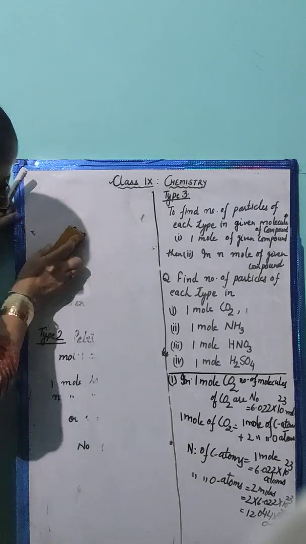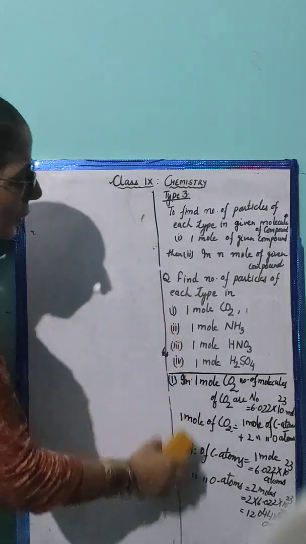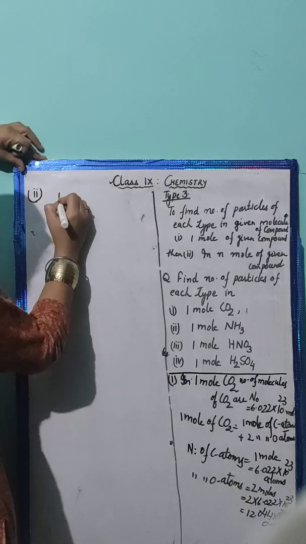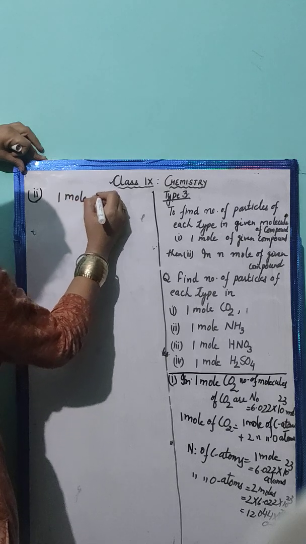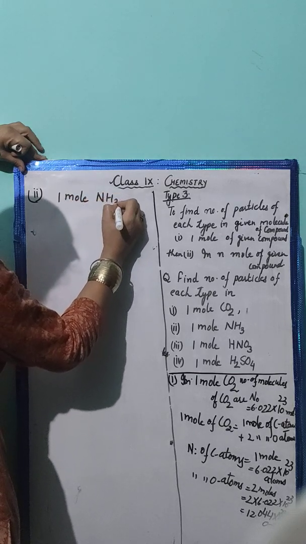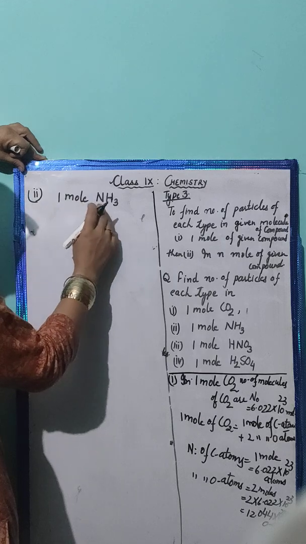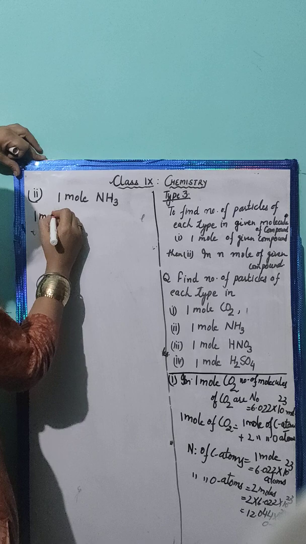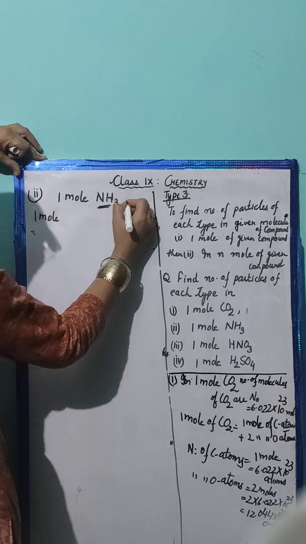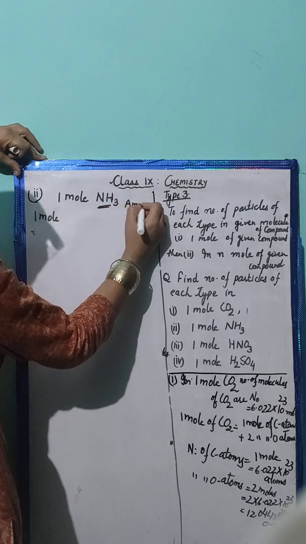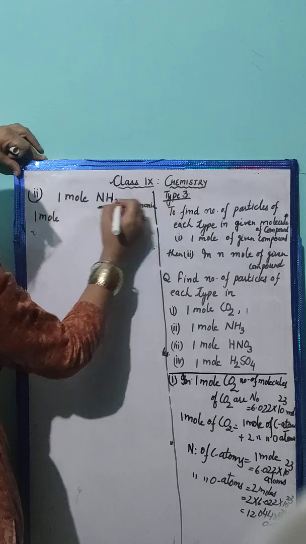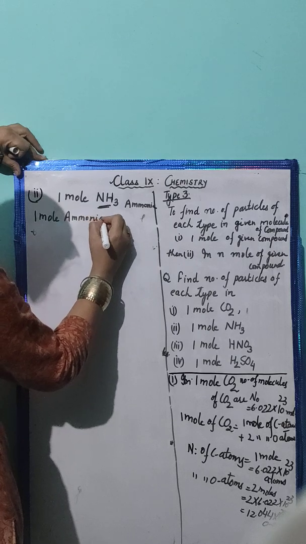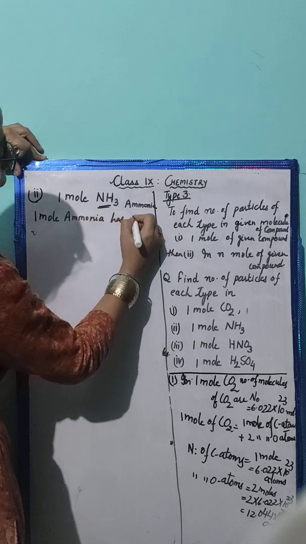Let us do the second example. Next is 1 mole NH3. You know, 1 mole of ammonia, NH3 is ammonia, has how many molecules? N naught.